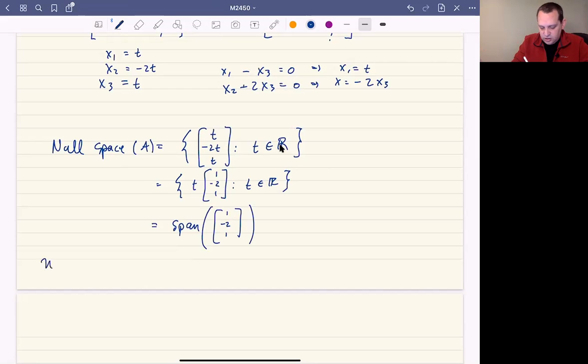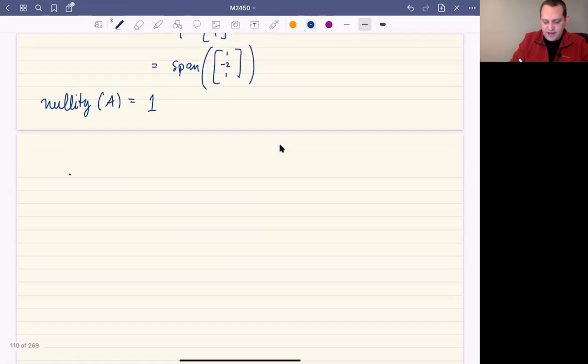That means that the nullity, the dimension of the null space, is going to be 1. It's a single dimensional subspace. So the nullity of A is just 1. Okay, so here's the takeaway. For a matrix A, let's again work with this matrix that we had, 1, 2, 3, 4, 5, 6, 7, 8, 9.